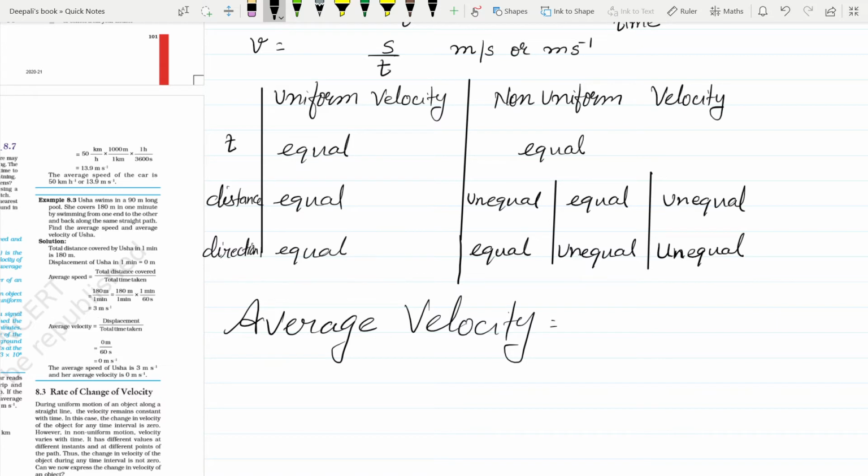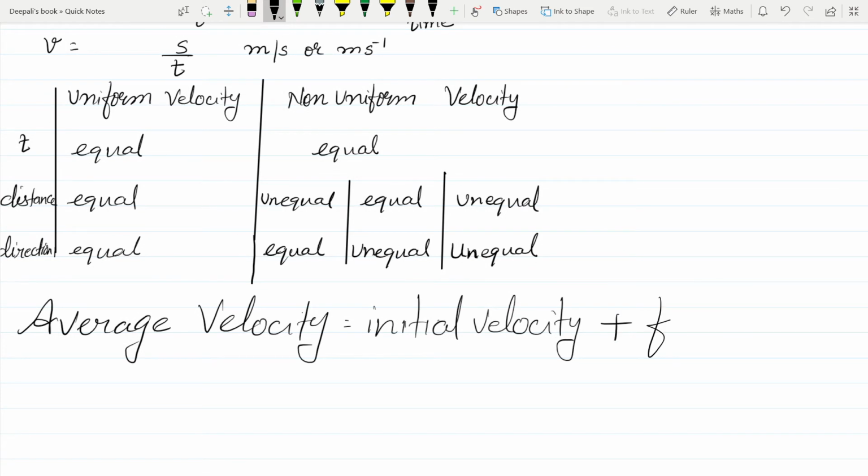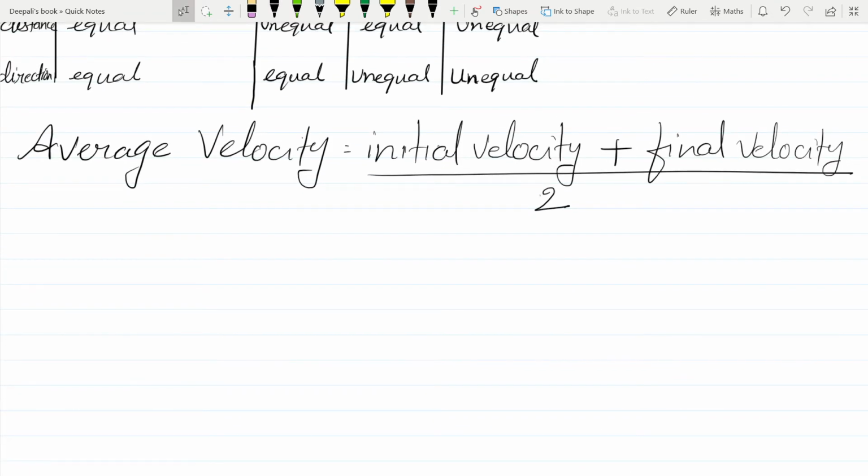Then average velocity is initial velocity plus final velocity by 2, which is represented as VAV is equal to U plus V upon 2.